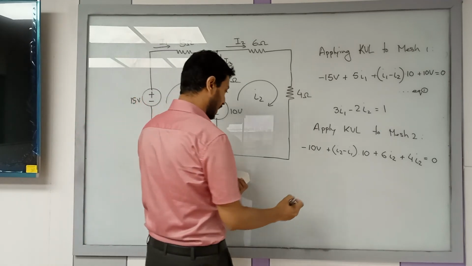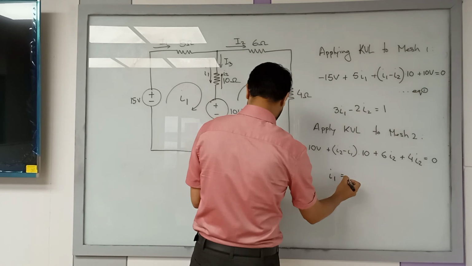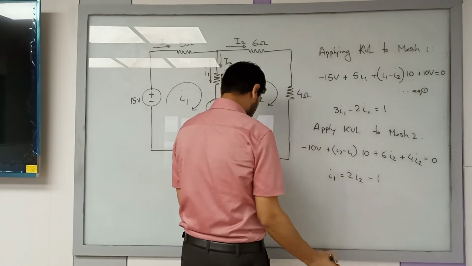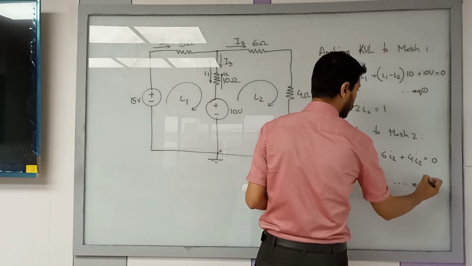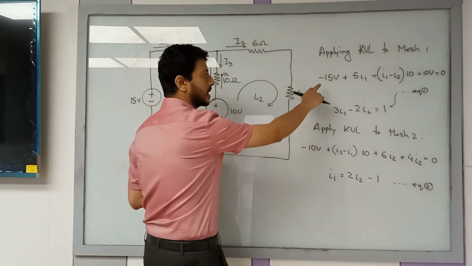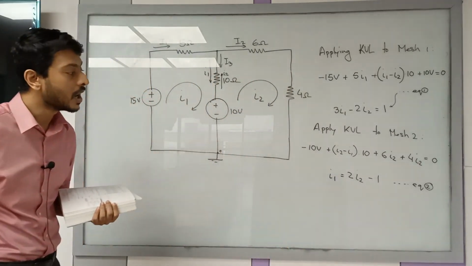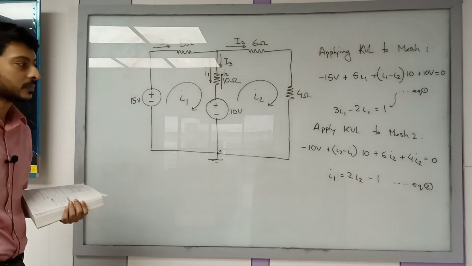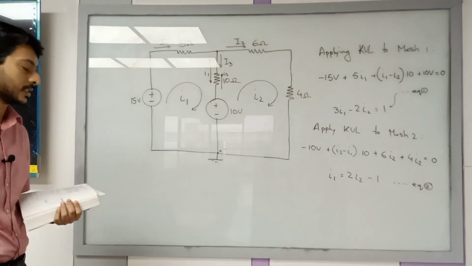And if you simplify this, you will get an equation like this. So this is equation 2. Let's say this is equation 1. When you simplify this, you get this. Now you have to solve these two equations simultaneously to find I1 and I2 mesh currents.